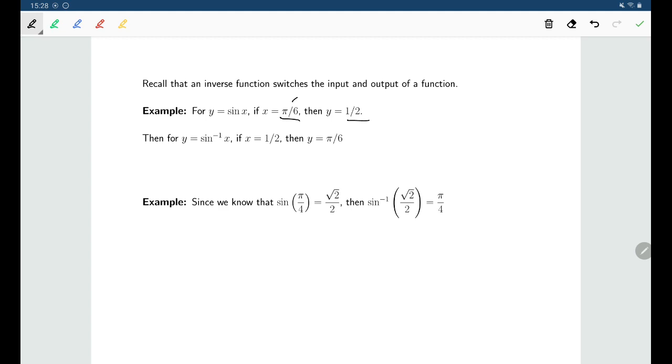Instead of pi over 6 being the input and 1/2 being the output, you would have 1/2 being the input and pi over 6 being the output. Another example here: for sine of pi over 4, 45 degrees, sine of that is root 2 over 2. So then for sine inverse, it would exchange the two. The input would be root 2 over 2, and the output would be pi over 4.